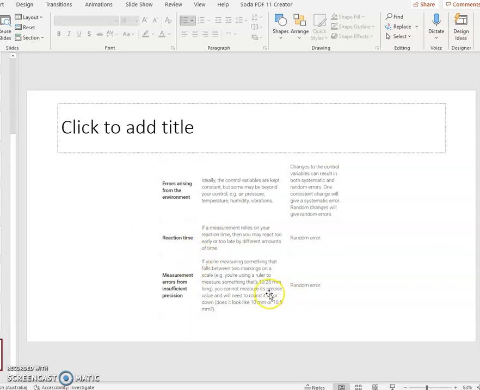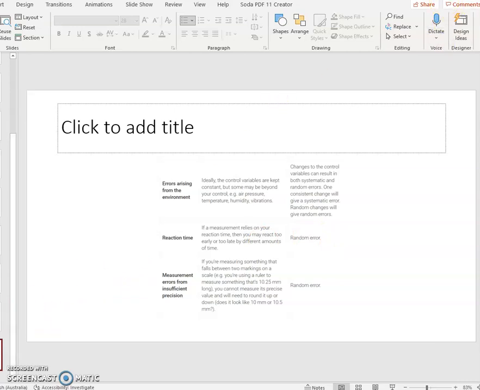Reaction time as well: when you're looking at your stopwatch and you say "right now," the reaction time might be slightly more or less every time you measure something. That's also going to be a random error.